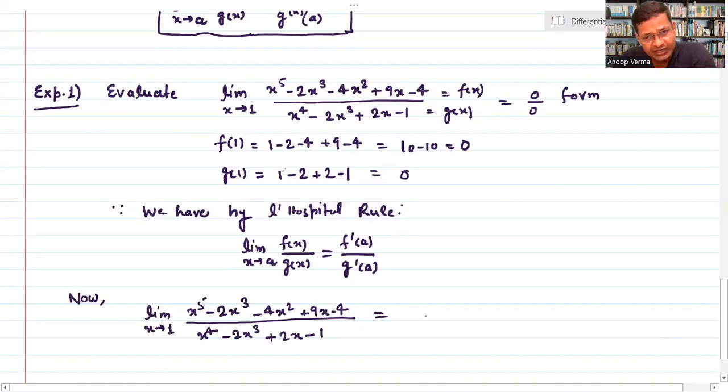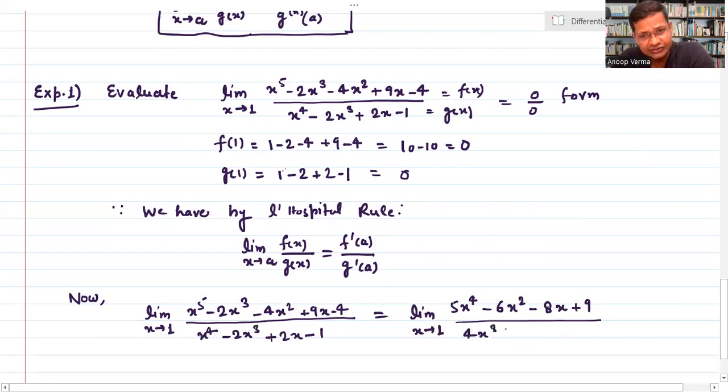तो यहाँ पर हमारे पास लिमिट x tending to 1, so what will be the derivative? This will be 5x^4 minus 6x^2 minus 8x plus 9, divided by 4x^3, we are taking the derivative, minus 6x^2 plus 2.